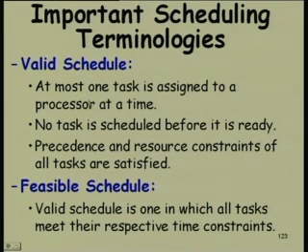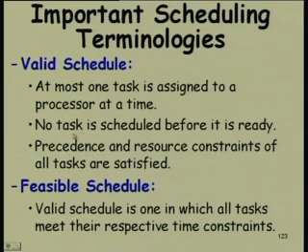One is a valid schedule. A valid schedule is a schedule produced by the scheduler. We will call it valid if at most one task is assigned to a processor. If we have a single processor, not a problem. If we have multiple processors, okay, but even in a single processor, if at the same time two tasks are given to the processor, that is not a valid schedule.